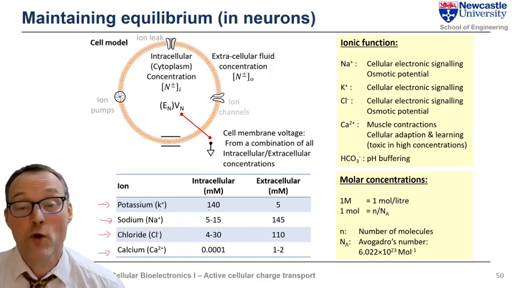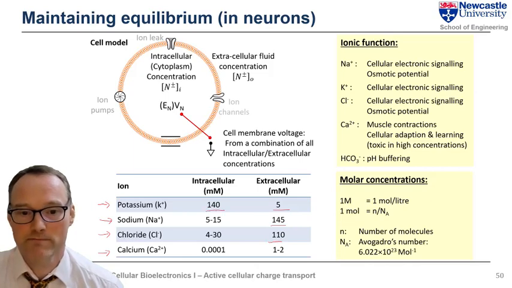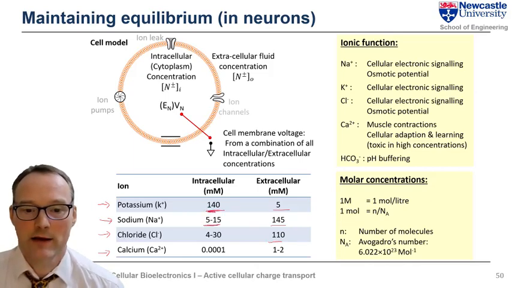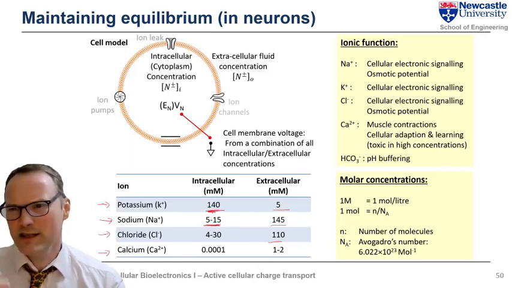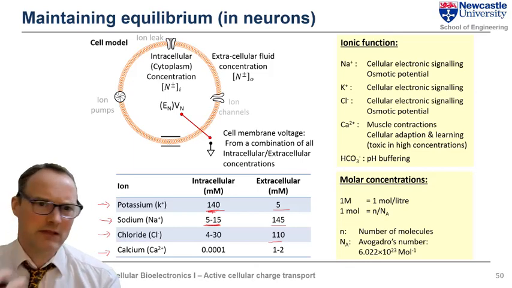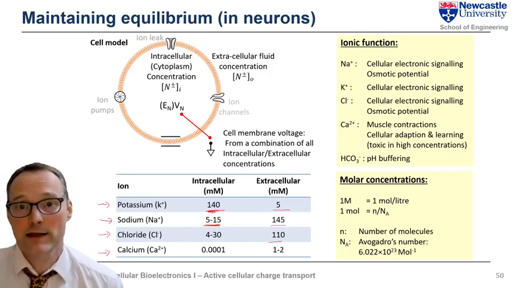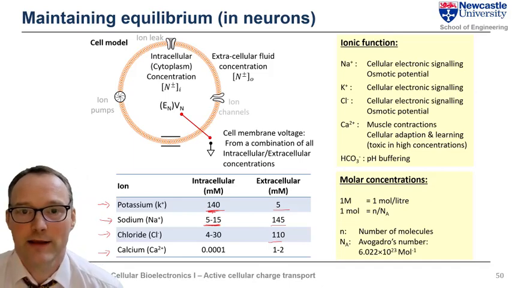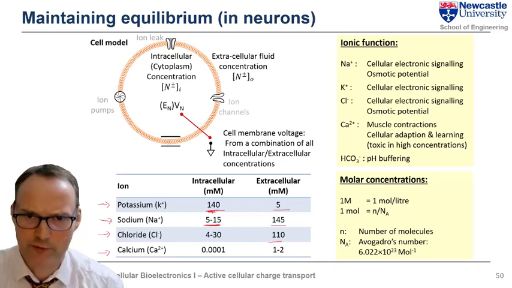For a neuron, these are the standard extracellular potentials, and you'll notice for a neuron there's much more potassium on the inside and much less sodium on the inside. And this is a bit weird. It seems like the cell's doing two things to fight itself, but I'll explain this with the action potential in the next lecture. There is a rationale, but wait for it.